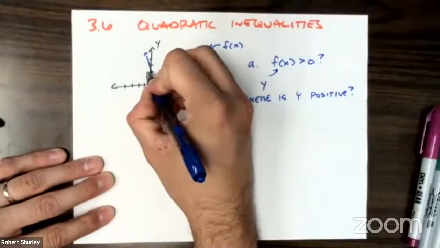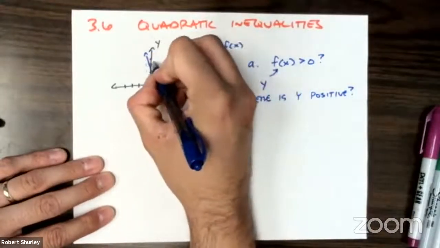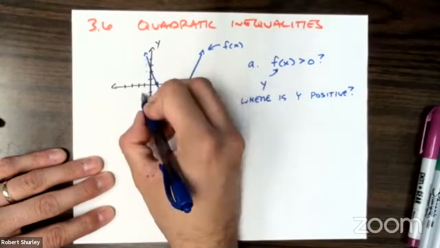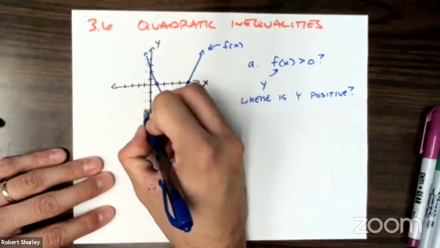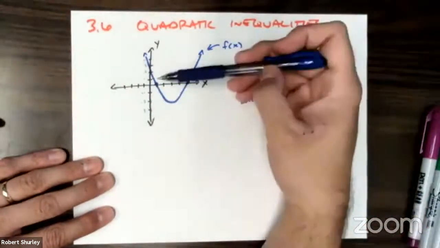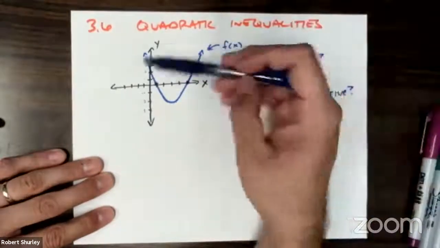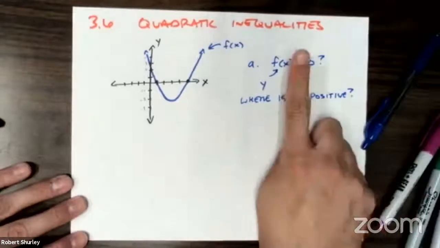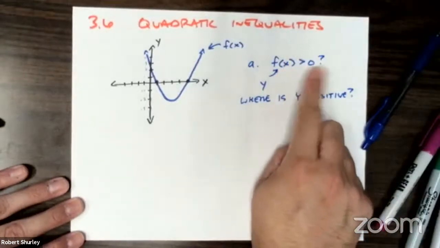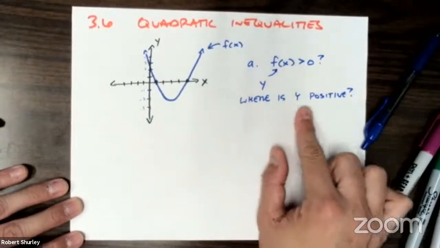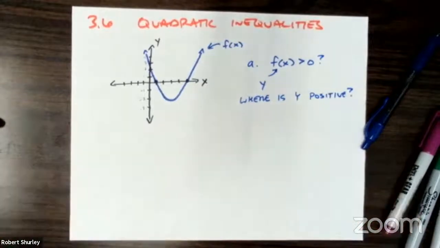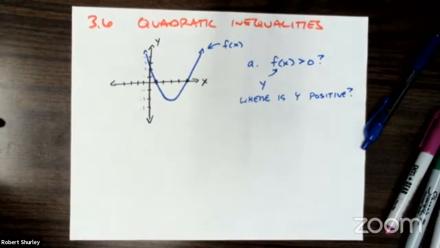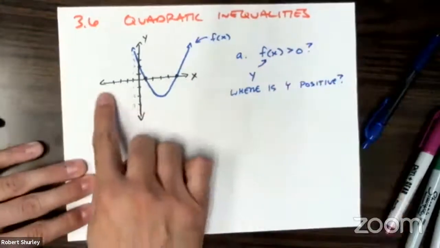Like positive 1, positive 2, positive 3, positive 4. Underneath it, it's going to be -1, -2, -3, and so on. So all the positive y values are above the x-axis. Now listen, for these inequalities, we're always going to state these with interval notation on the x-axis.